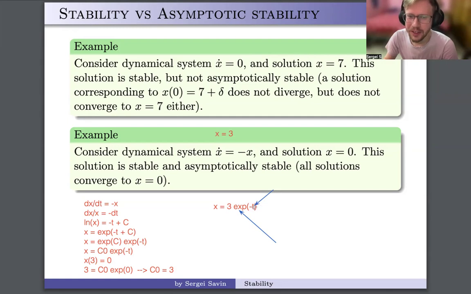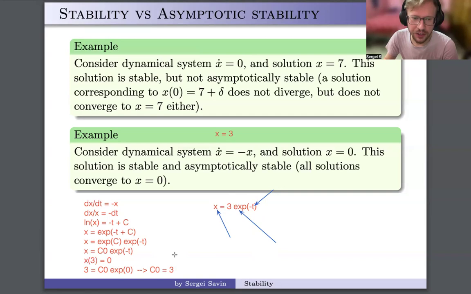Like exponent of -1 is 1 over e, right? Exponent of -10 is 1 over e to the power 10. So it's much smaller. As time goes to infinity, it's going to become closer and closer to 0. So this solution is going to exponentially approach 0.